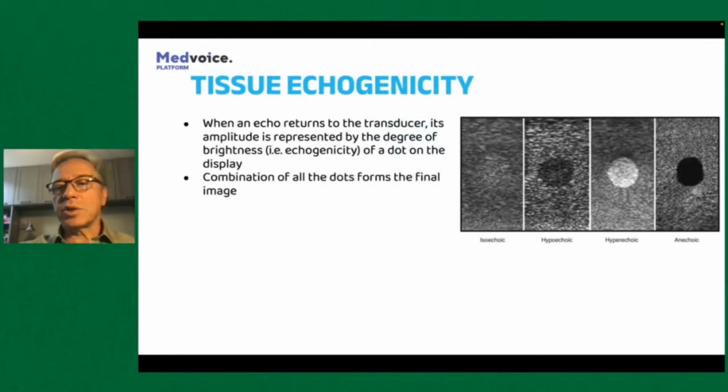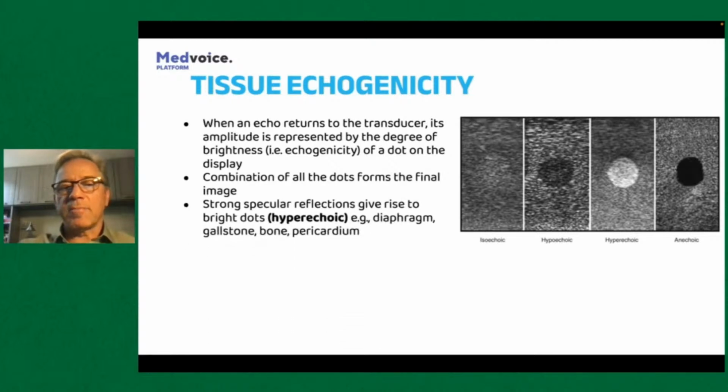Tissue echogenicity. When the echo returns to the transducer, its amplitude is represented by the degree of brightness. This is what we call the echogenicity of a dot, and it's a combination of these dots that gives us the final image.